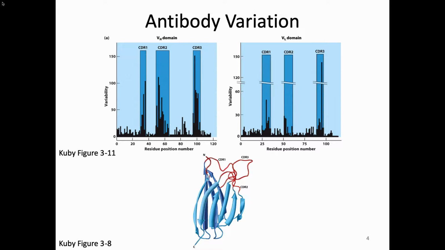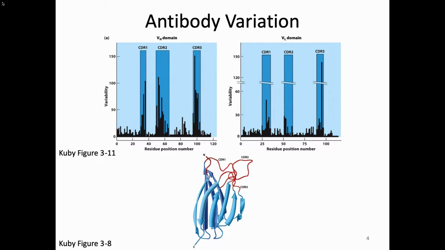It turns out those 3 really, really variable regions are the loops at the end of the immunoglobulin domain. They are the things that are making contact with the antigen. They determine which antigen is complementary to the antibody.